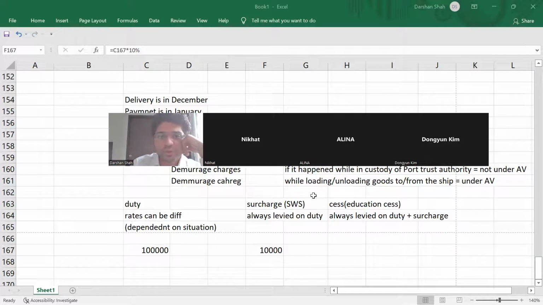The rate of import duty was 12% on 12th July and 15% on 25th July. What is the applicable rate of duty? Rate of duty will be whichever is the later date, and the rate of exchange will be that of the bill of entry.